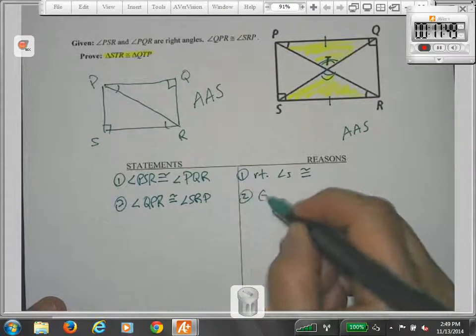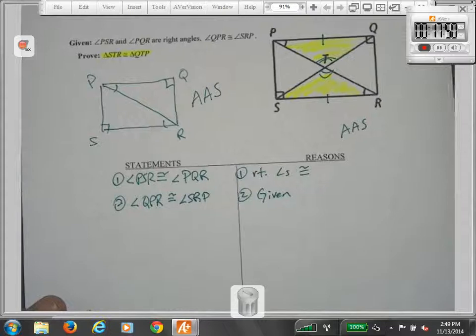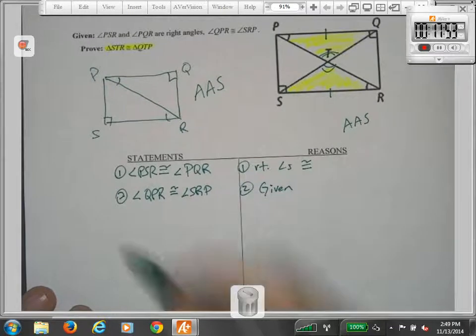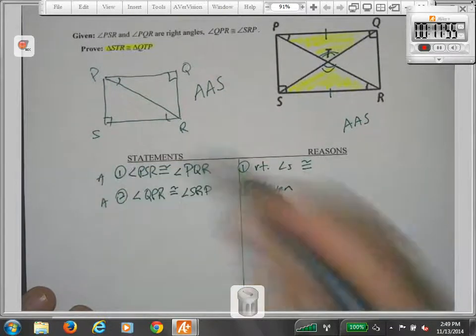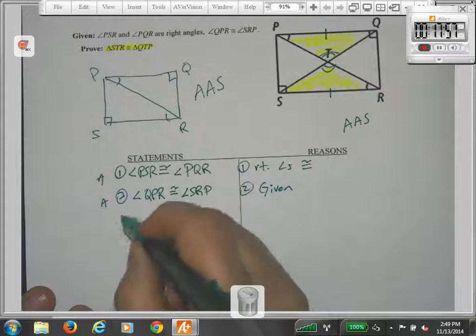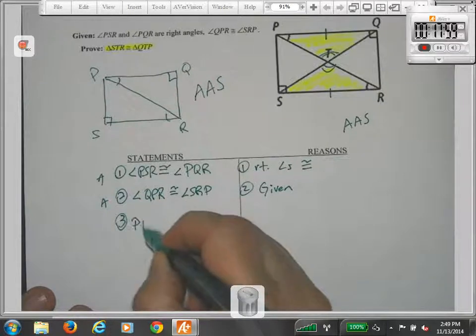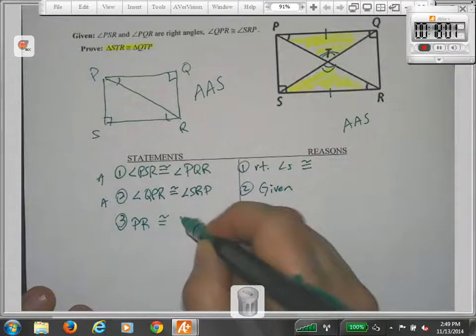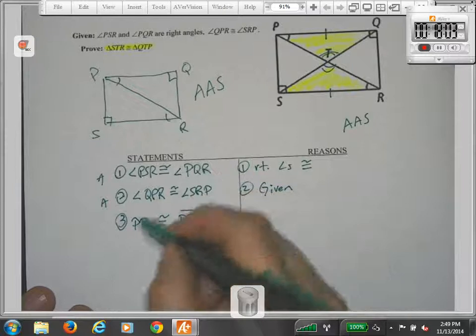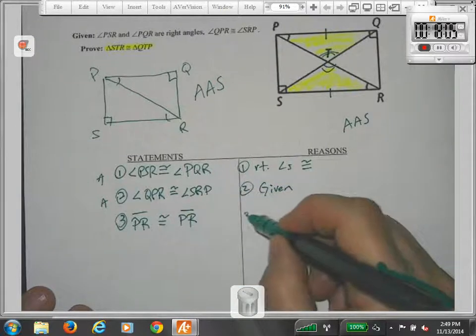All right, and that is our angle, angle, and now we have the shared side. PR is congruent to PR. What's that property? Reflexive.